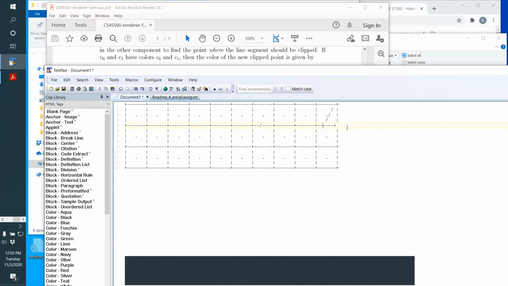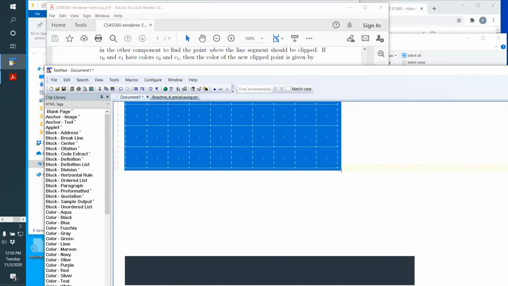The monitor physically lights up little squares of light, but the dots represent what we logically think of as the thing that represents that square. Now, does anybody have a suggestion what would let me draw the line here?